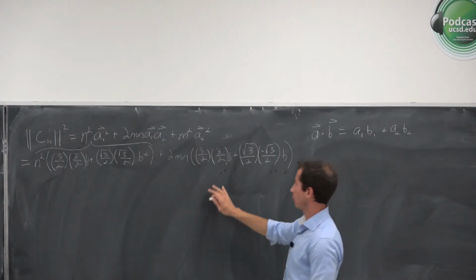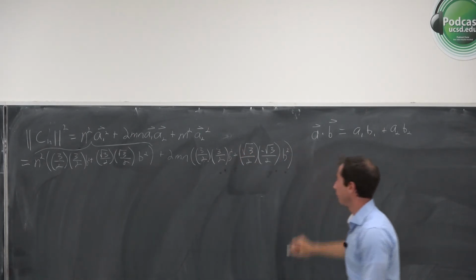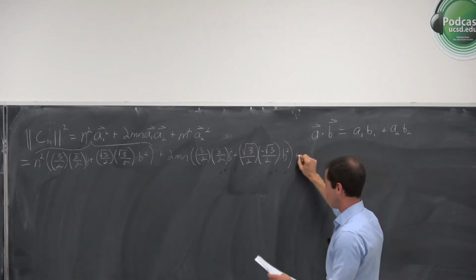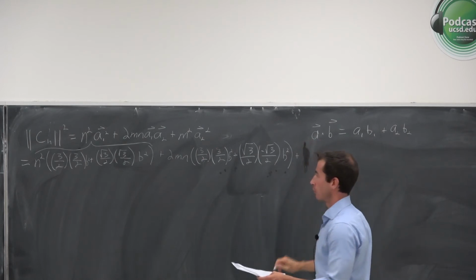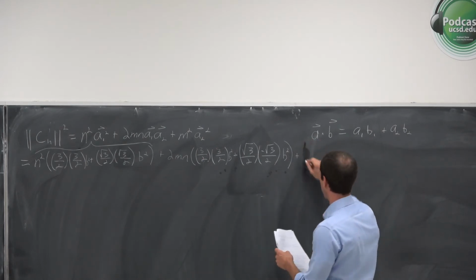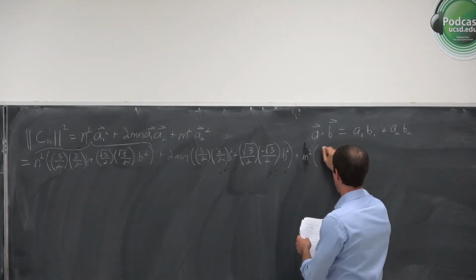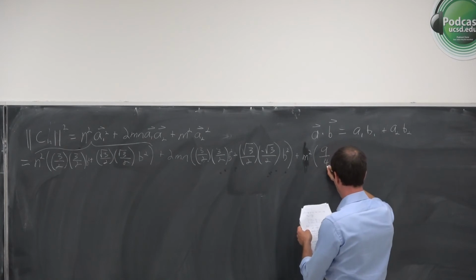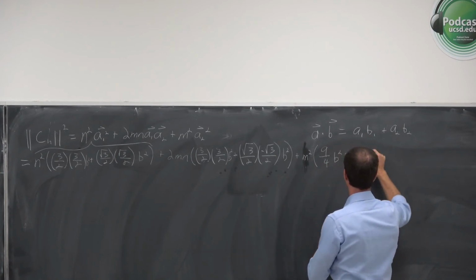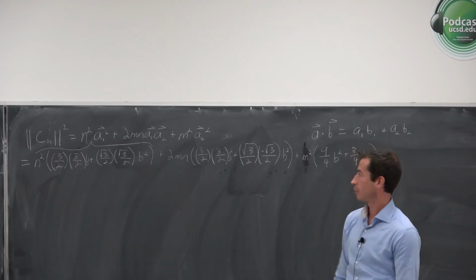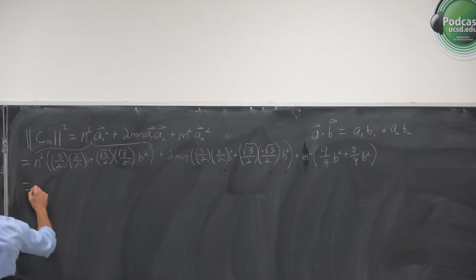Aren't those b squared today? Yes. And then this is the same thing as the beginning term, only we have m's instead of n's. So this is the same as 9/4 b squared plus 3/4 b squared. Okay.